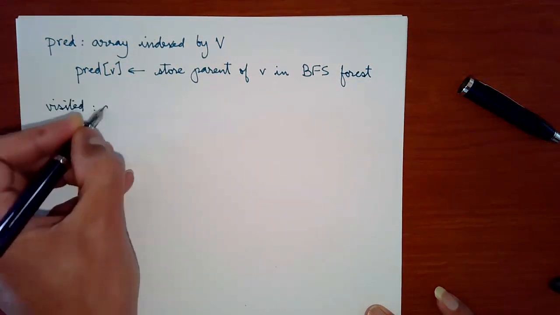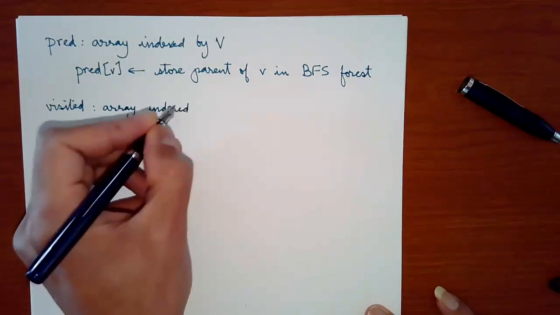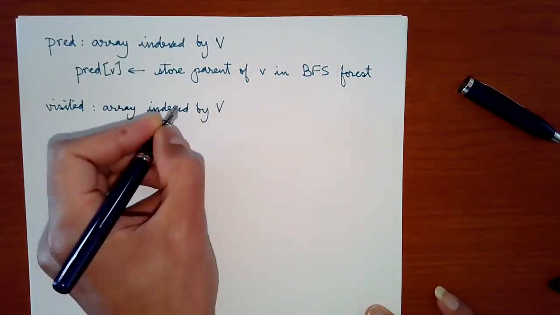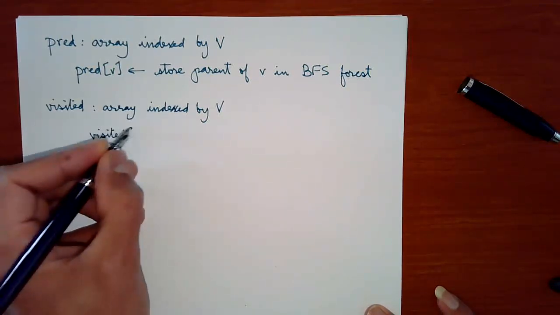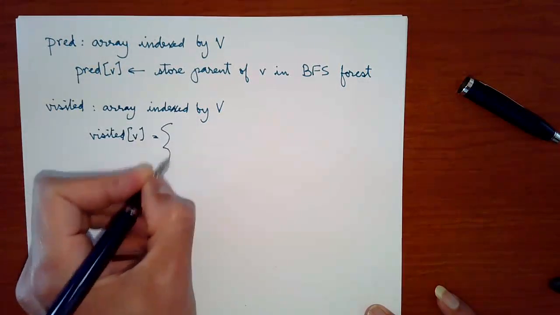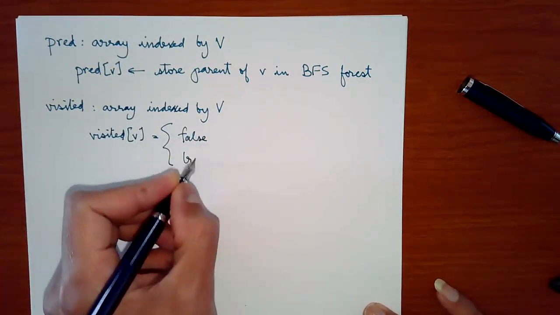And visited is another array indexed by V. Visited of V is going to be false or true. It's a Boolean array.